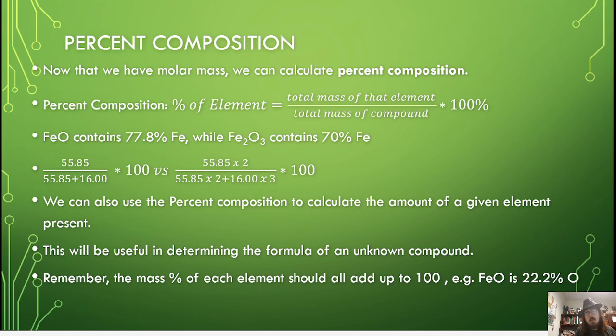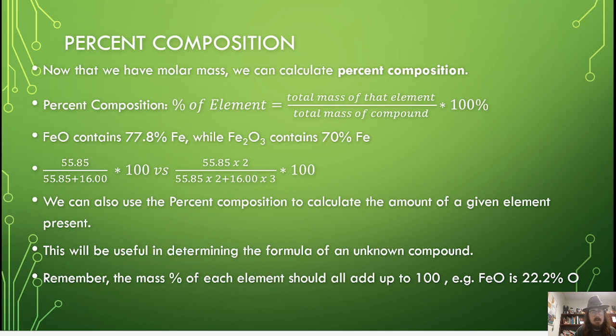So it's iron to oxygen, 1 to 1.5 atoms, while in iron 2 it's 1 to 1. We can clearly see the amount of oxygen is going up. And so that's why the mass percent of iron is going down.